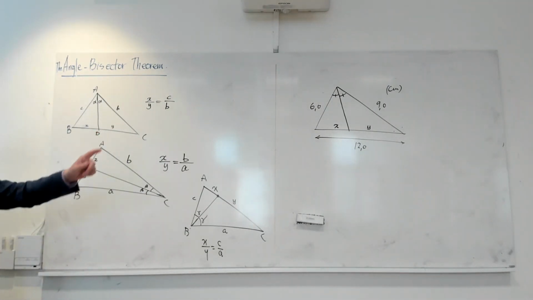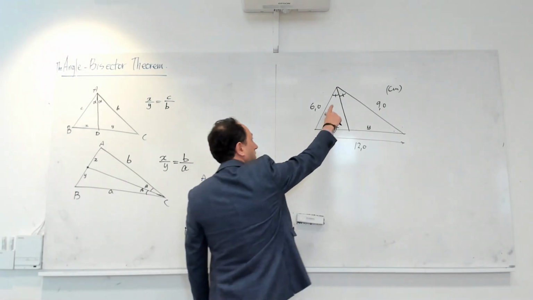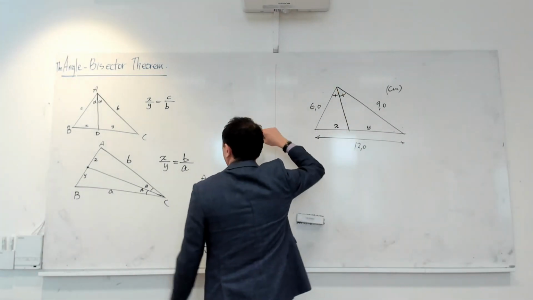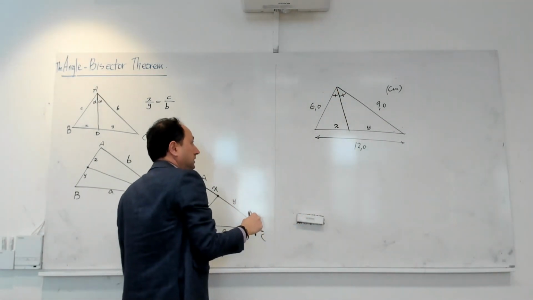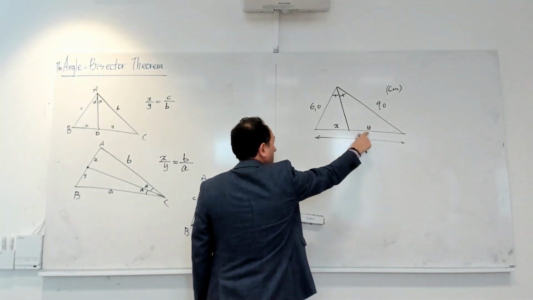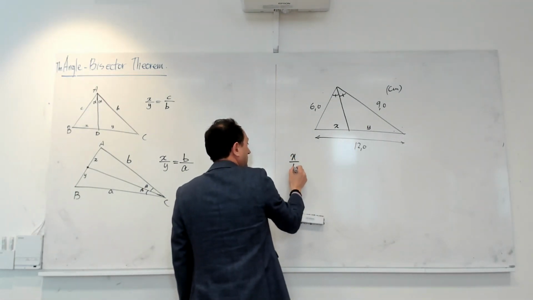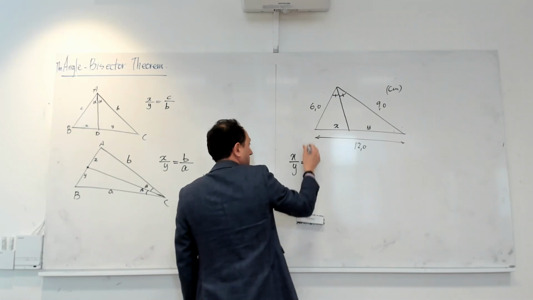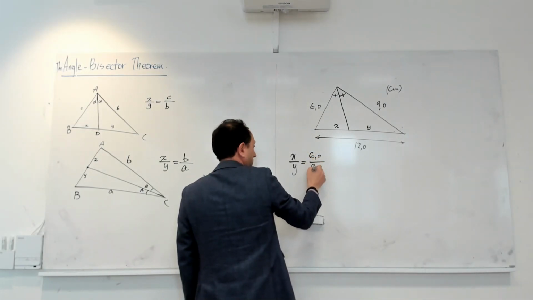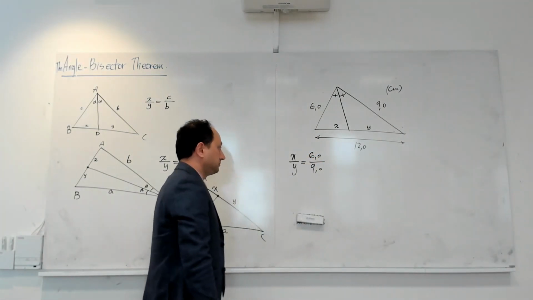Because this angle is bisected by this line, so I can use the Angle-Bisector Theorem. If I want to do that, what can I write? I can write x over y is equal to 6.0 over 9.0.